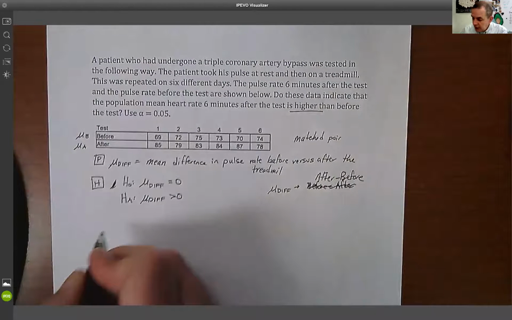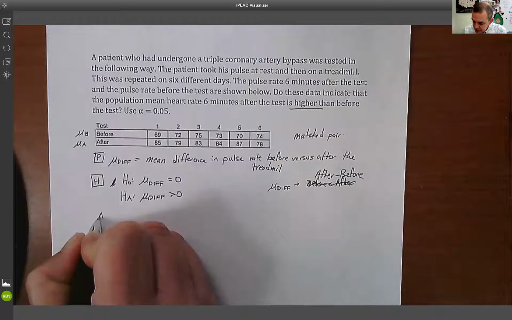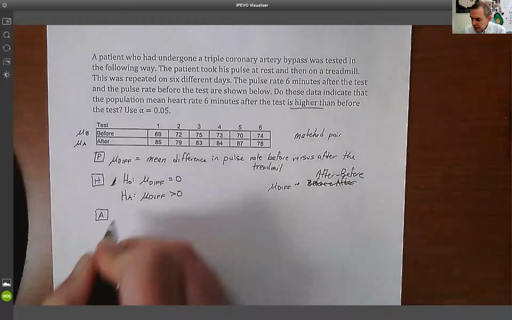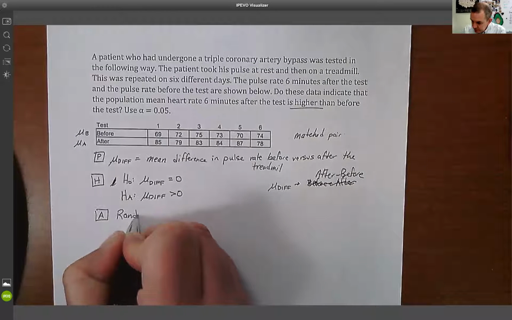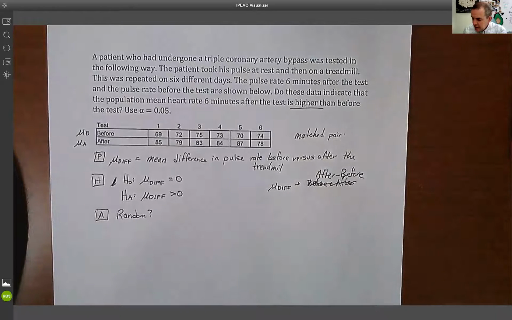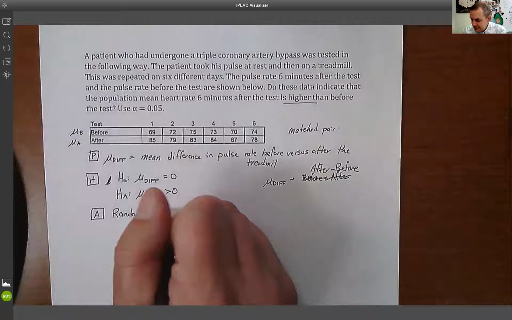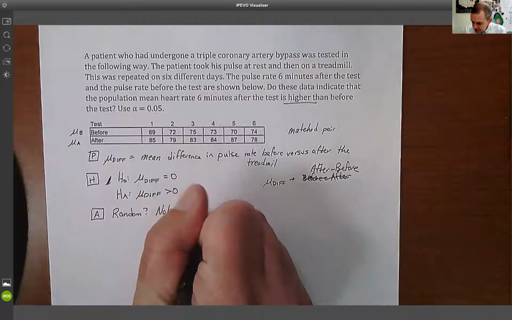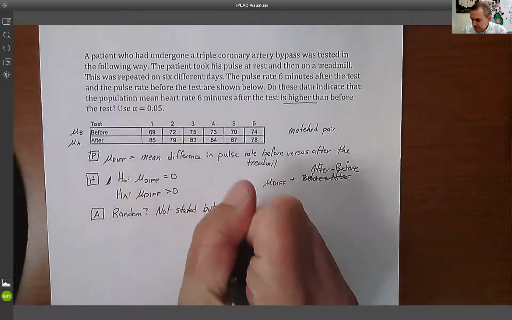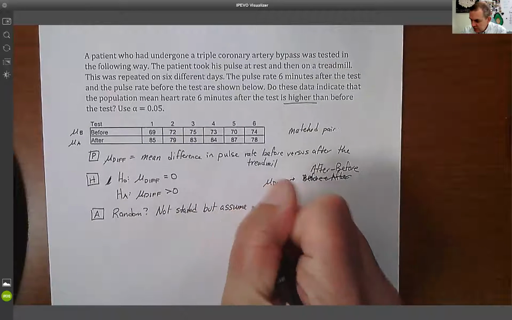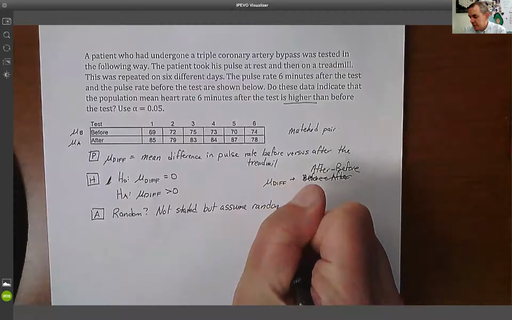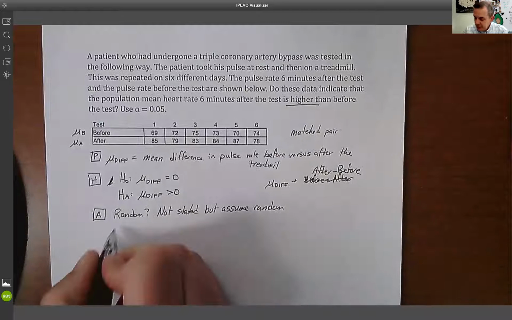So our assumptions. We are going to check and see if this is random. And in this case, it was repeated on 6 different days. It's not stated, but I'm going to assume random. I'm going to assume that your pulse rate is random on any given day. Independent.